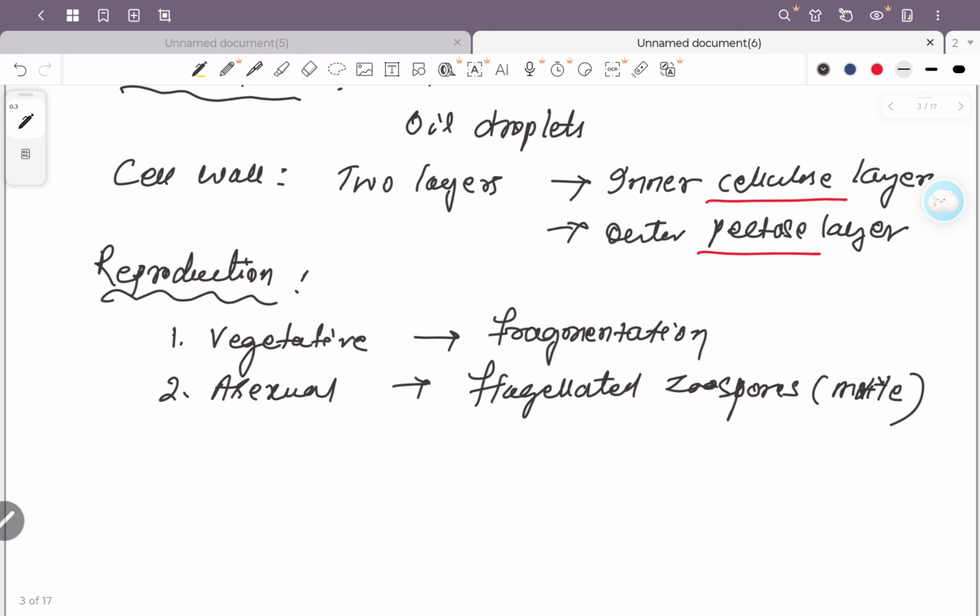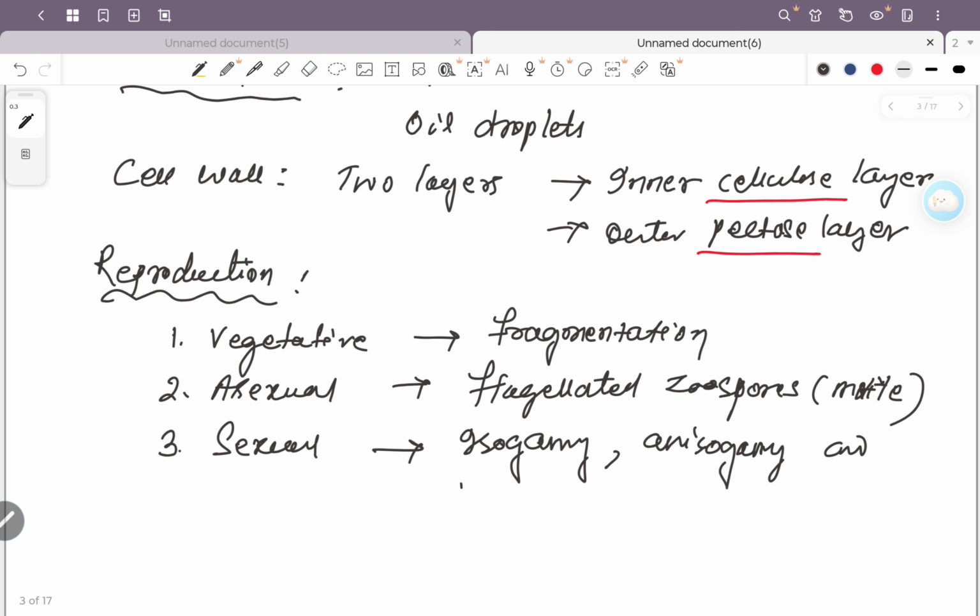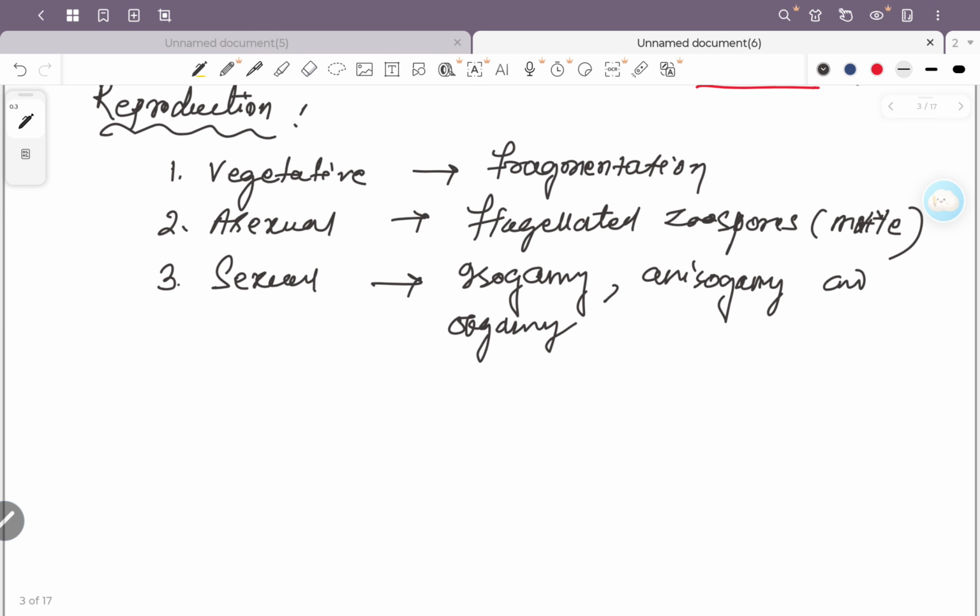Now the sexual reproduction is of 3 types, that is isogamy, anisogamy and oogamy. In my previous session, I have already discussed what isogamy, anisogamy and oogamy are.